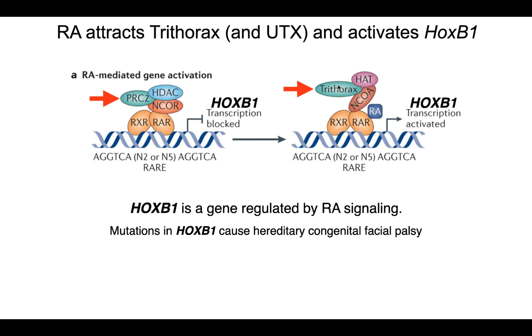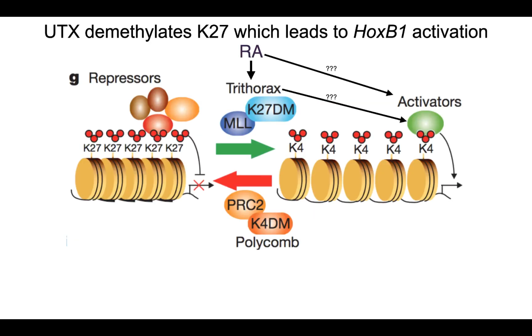So they showed two things: retinoic acid is necessary to turn on HOXB1, and retinoic acid is required for attracting UTX to this region of HOXB1's promoter.